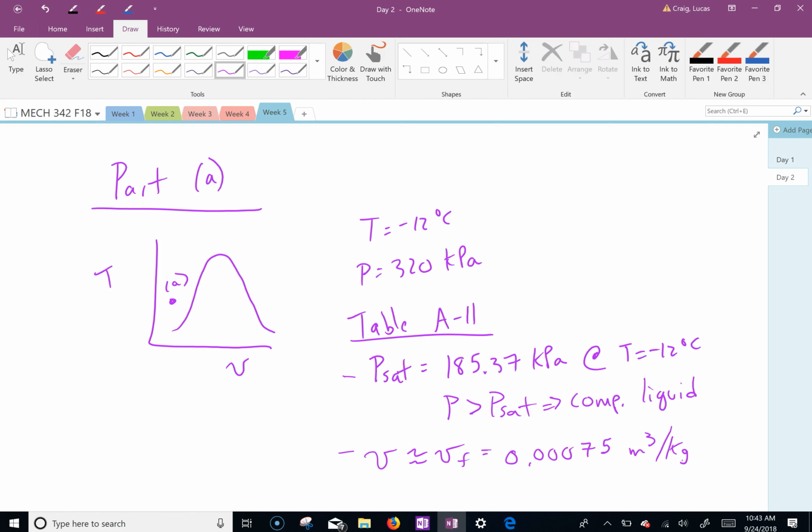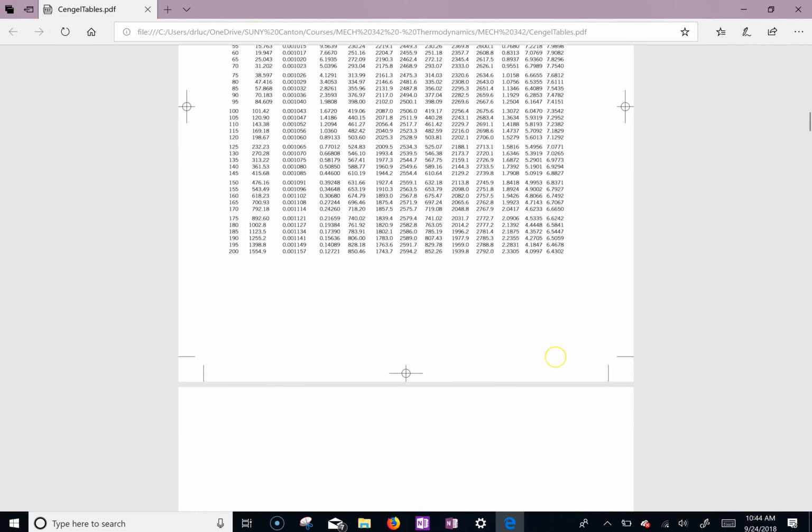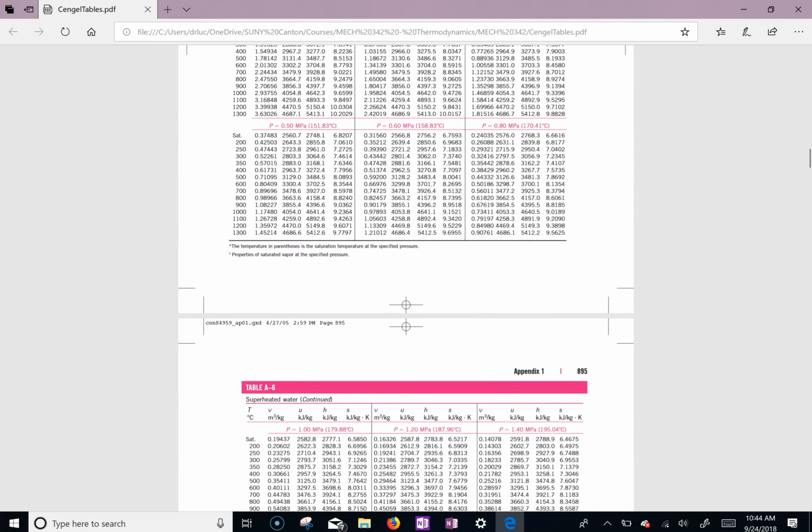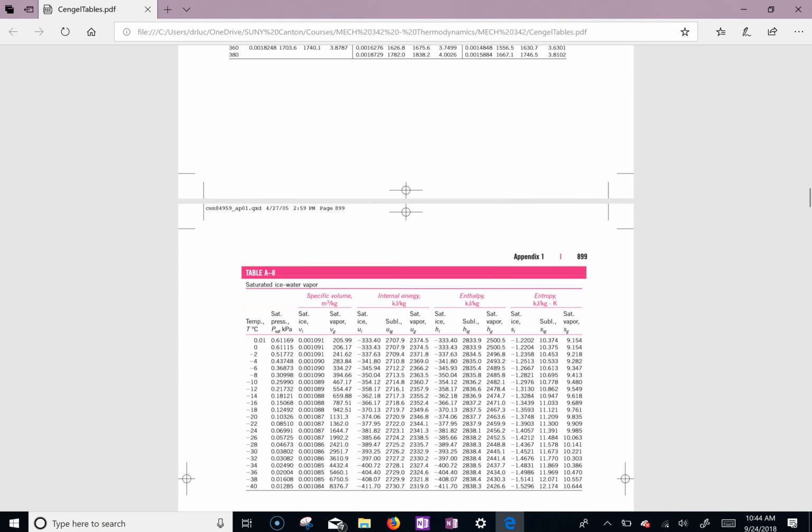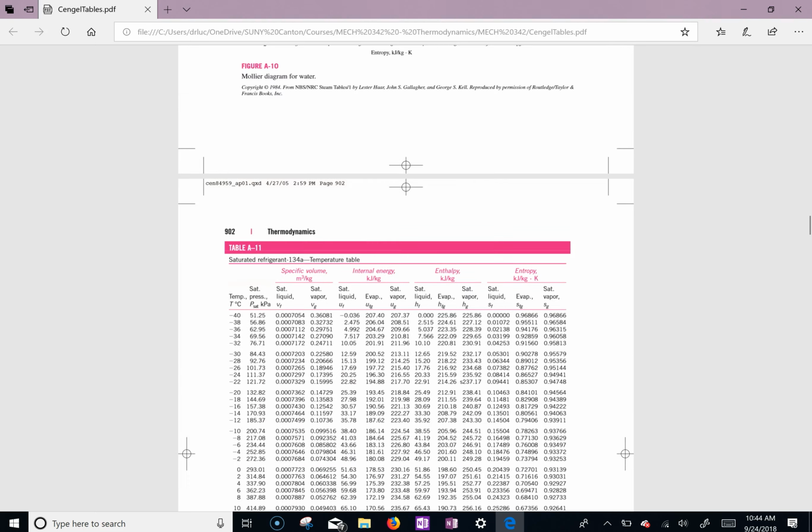So earlier this lecture, I just kind of randomly covered, okay, compressed liquid, what are the rules? Now you could apply those rules to figure out where you are, what the phase is, and the values. Looks like everyone has them. So let's just go to the table. It's A11, right? Here we go.